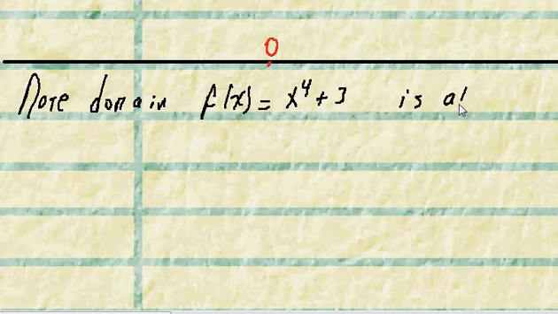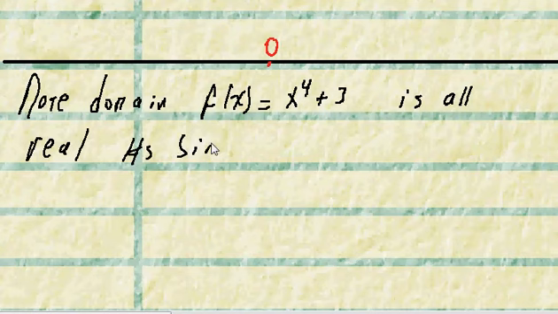So note, the domain of the function f of x equals x to the 4th plus 3 is all real numbers, since f of x is a polynomial.